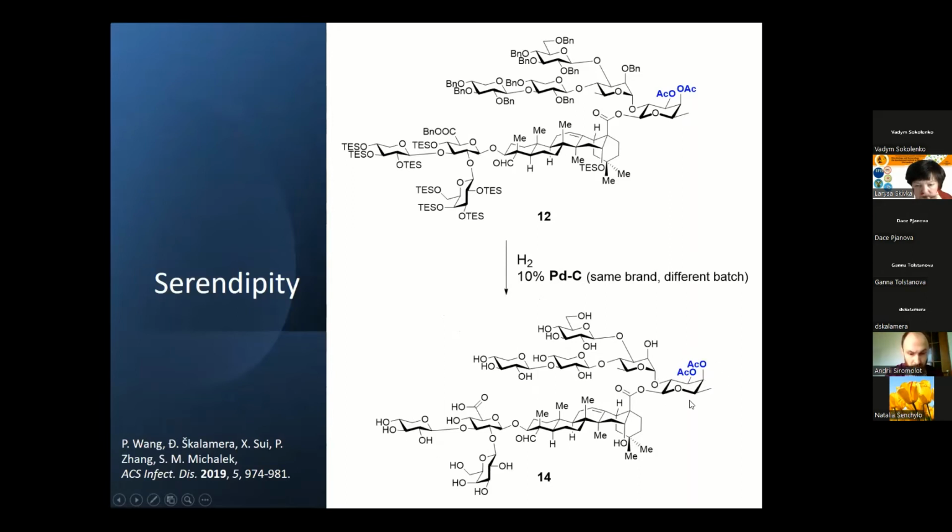Those are acylated OH groups. We concluded that this is our QS7 analog. So from one synthesis, we got the opportunity to test two different compounds, which are quite abundant in the GPI adjuvant.